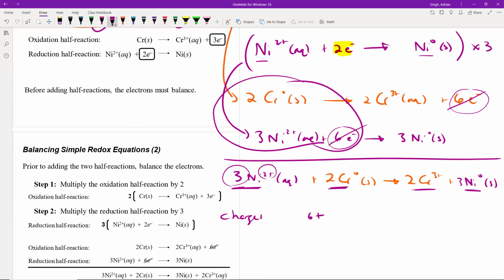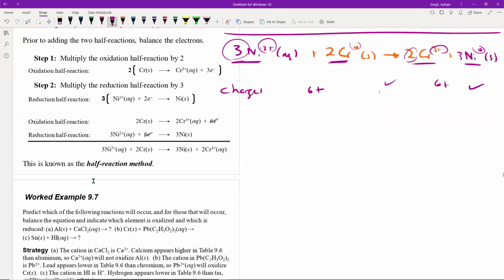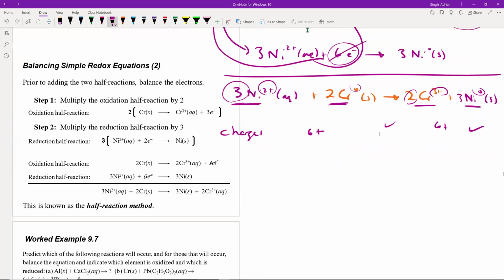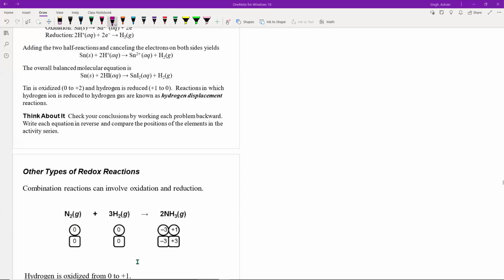On the right side, I have 2 times 3+, that's 6+. There's a 0 and a 0, so those don't affect anything. The equation is balanced in terms of charge, and it's balanced in terms of the number of atoms. That's your balanced equation. That is known as the half reaction method for balancing redox reactions.